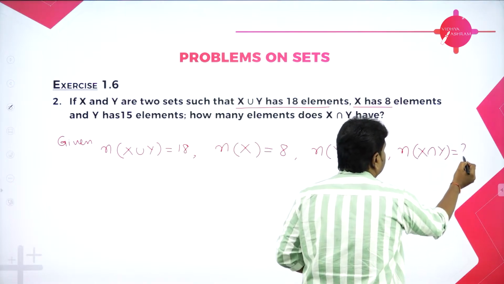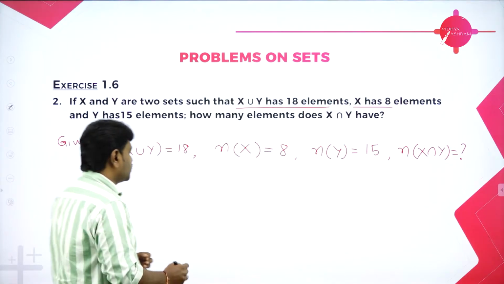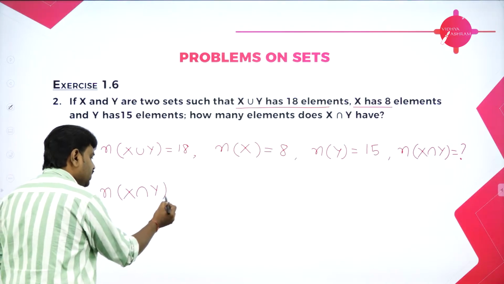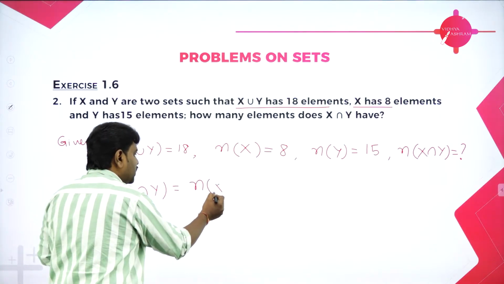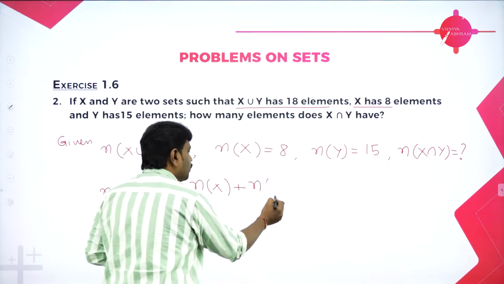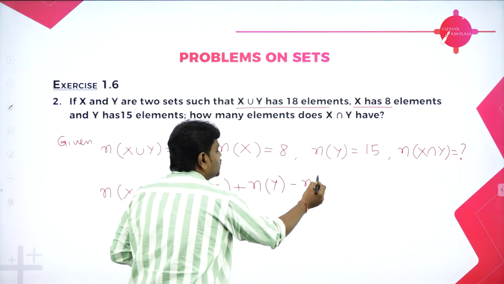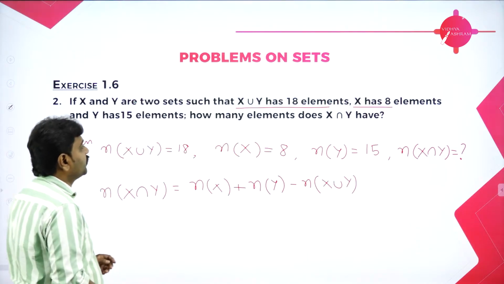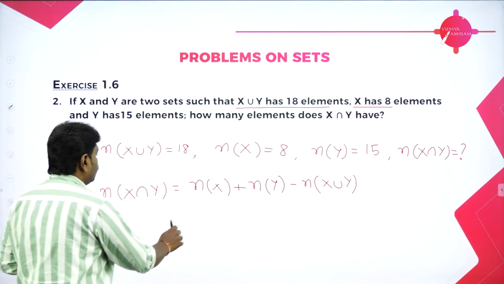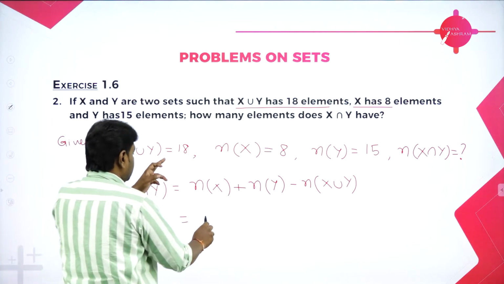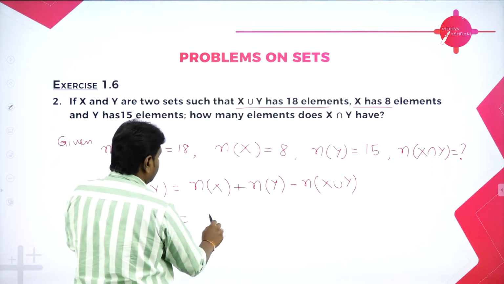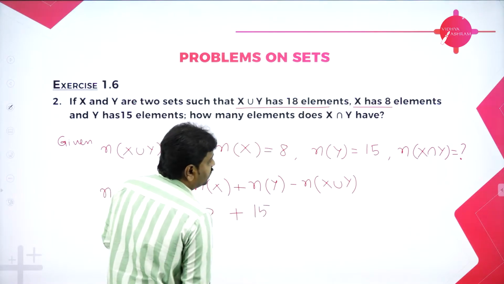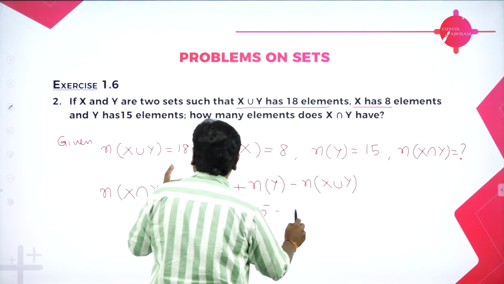It is also simple. So what is the formula for n of x intersection y? Formula is n of x intersection y equals n of x plus n of y minus n of x union y. If you want intersection, remove union. N of x they gave 8, n of y they gave 15, and n of x union y they gave 18.